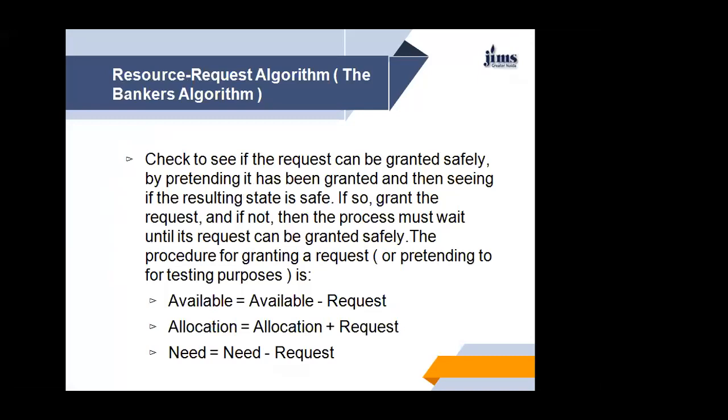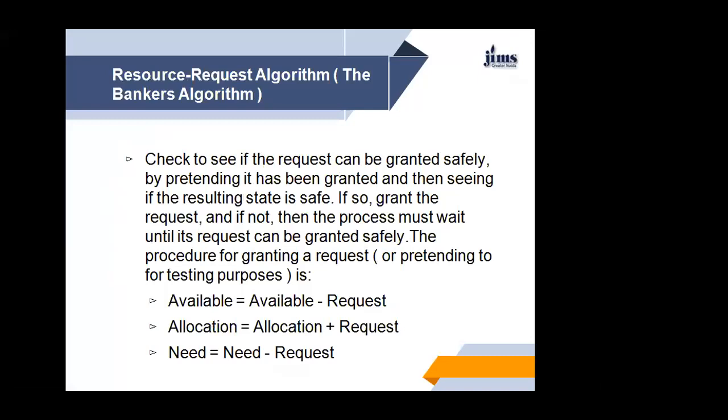Available equals Available minus Request. Suppose a particular process is requesting 2 resources, and 4 are available. In that case, Available equals 4 minus 2, so there will be 2 resources available.